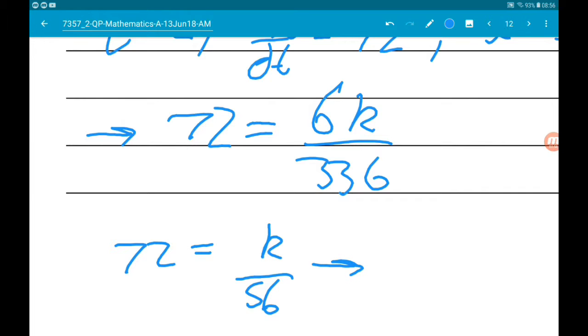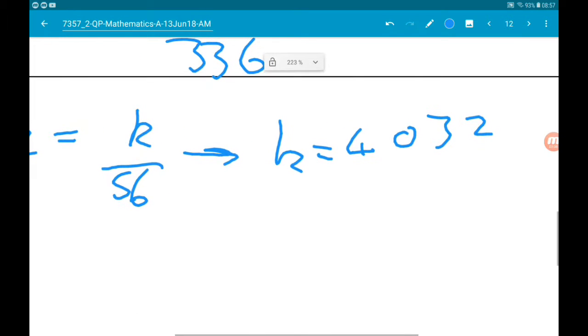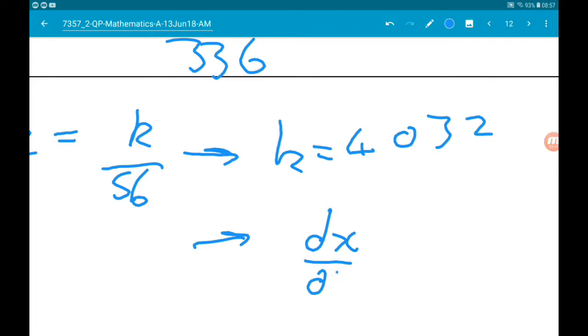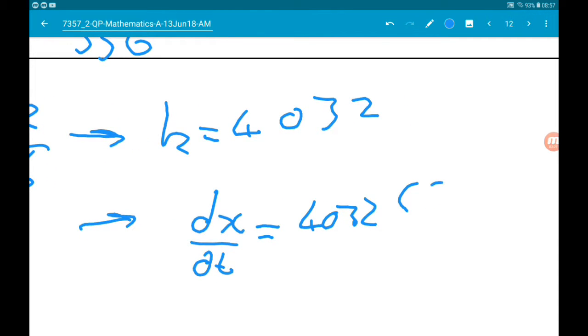Multiply through by 56 and we get k is 4032. So dx by dt is equal to 4032 times (8 minus t) all over x.